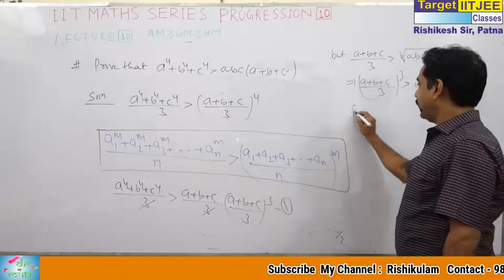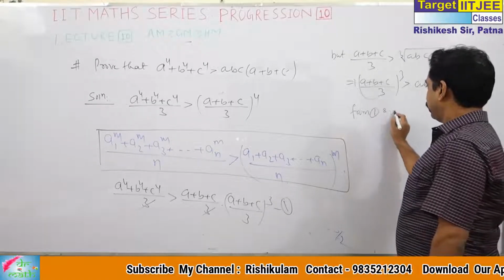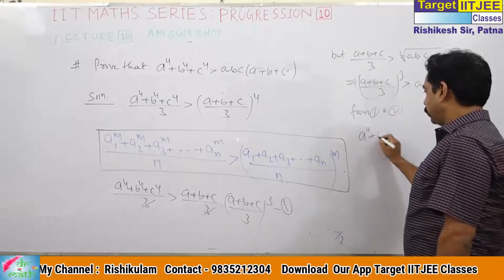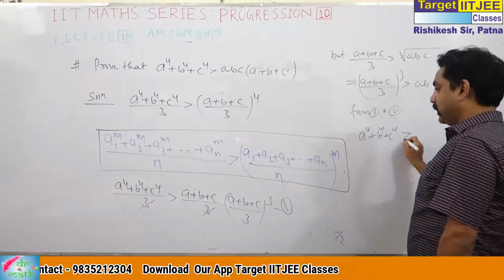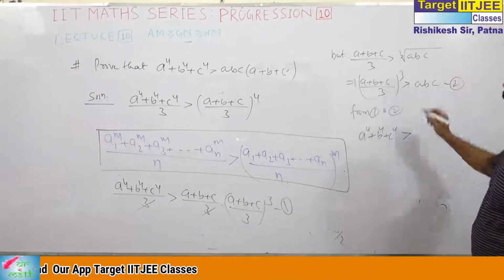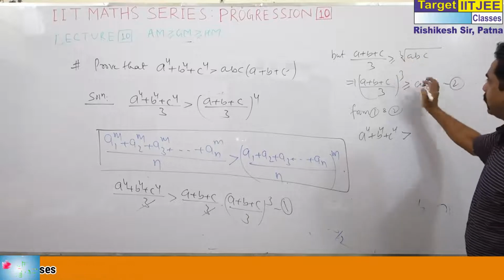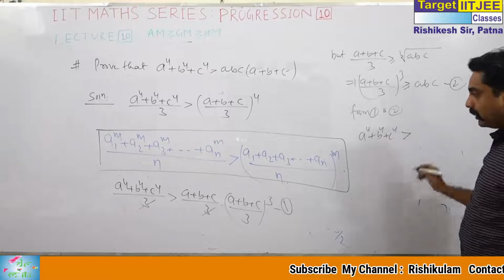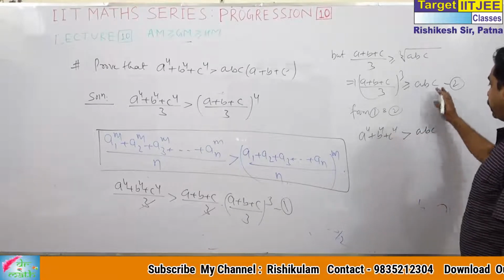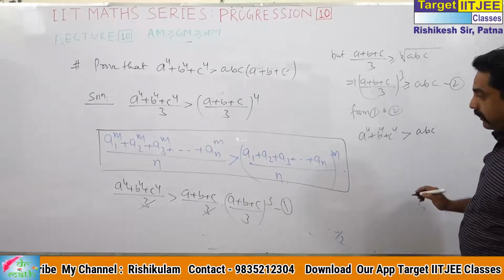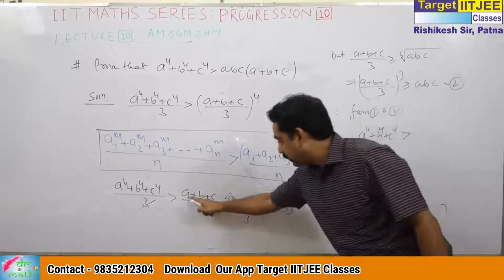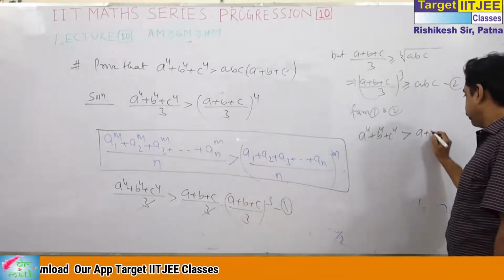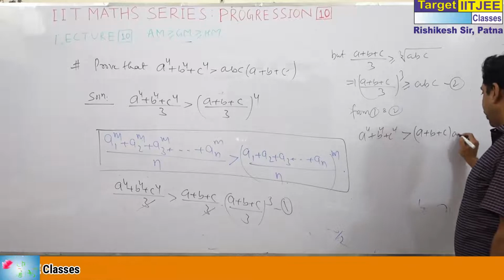From 1 and 2 we can write a^4 + b^4 + c^4 is greater than this, where we can take greater than or equal to, and we can write abc times (a + b + c).